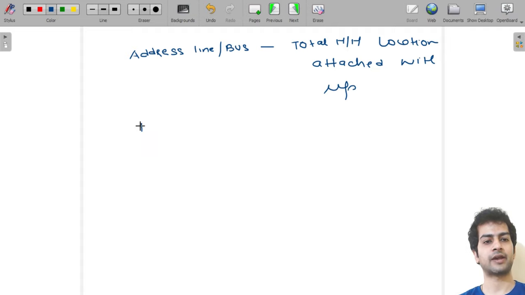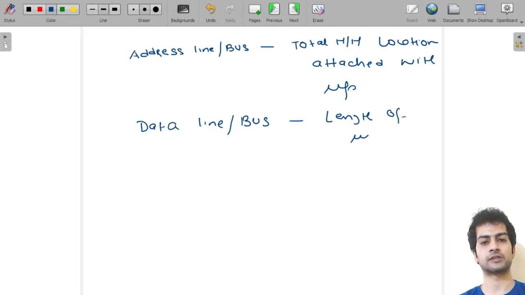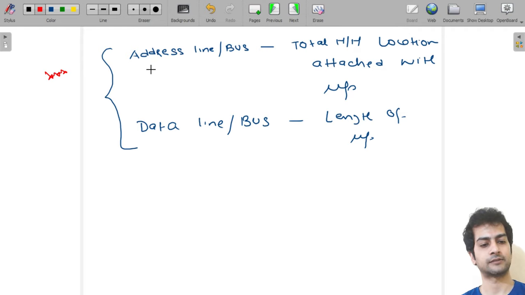And if we have an idea of the data lines or data bus, then we can conclude the length of the microprocessor. This is important.